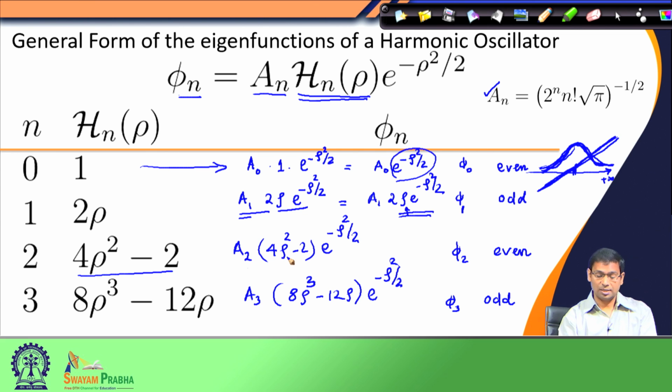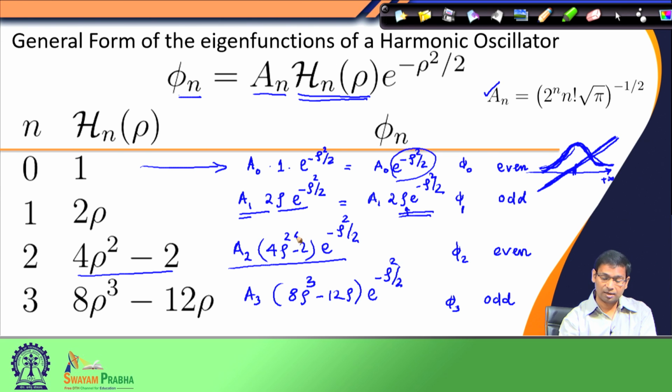Come here, look at this phi 2 form, e to the power minus rho square by 2, this is a Gaussian function. Now, I have to multiply this with a polynomial which is 4 rho square minus 2. I can see where this 4 rho square minus 2 becomes 0.